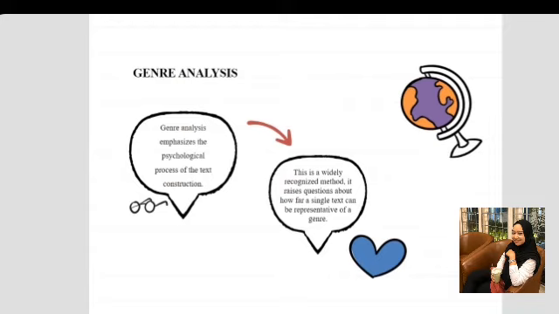Genre analysis offers a deeper explanation of relationship between the form and the functions. So, this is a widely recognized method. It raises questions about how far a single text can be representative of a genre.